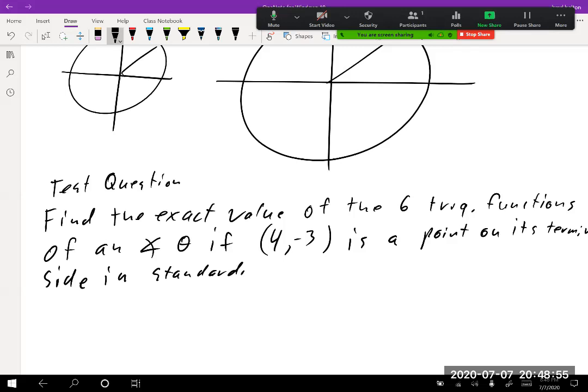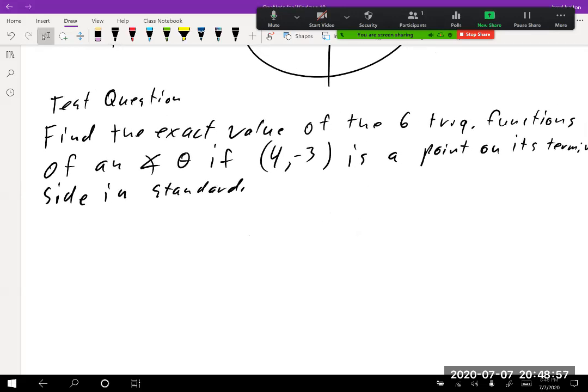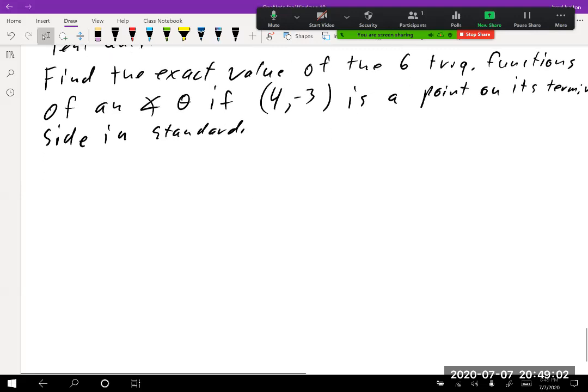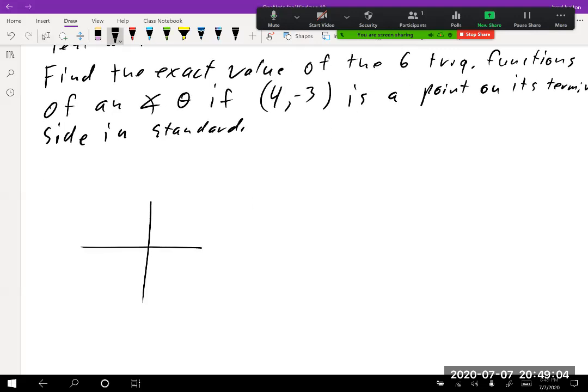You're going to see these all the time. The first thing you always do is you graph 4 comma negative 3. So you want to see what type of circle you're dealing with. So I'm going to graph this, and I'm going to draw a circle. And now this point is going to be on this circle, but the circle is no longer a unit circle.